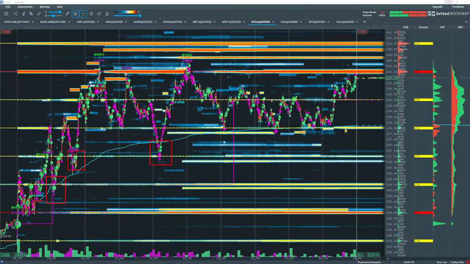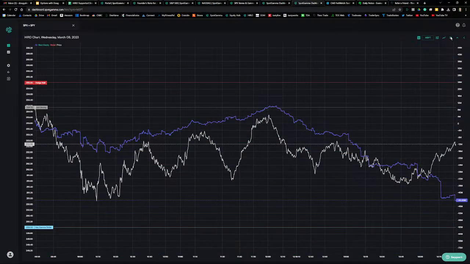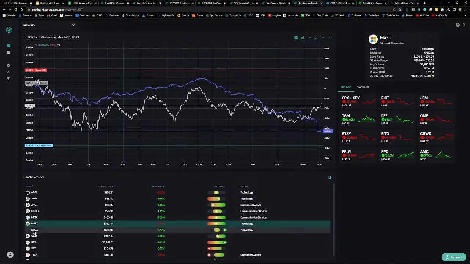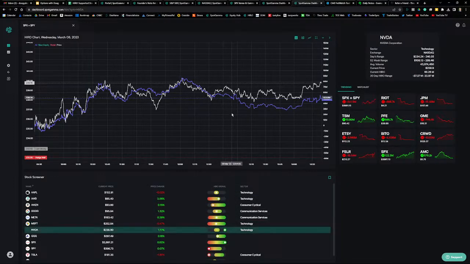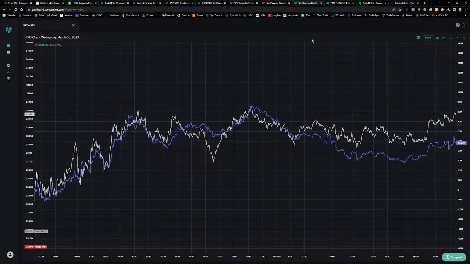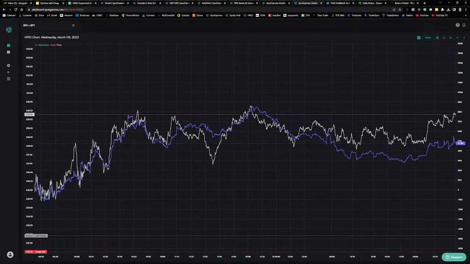All right, let's go take a look at Hero now. So that's Microsoft. Let's go to NVIDIA. And very strong confirmation, correlation between options trades, hedging flow, and price action. All right, let's go back and take a look at Bookmap.